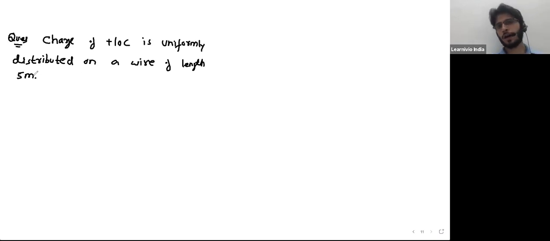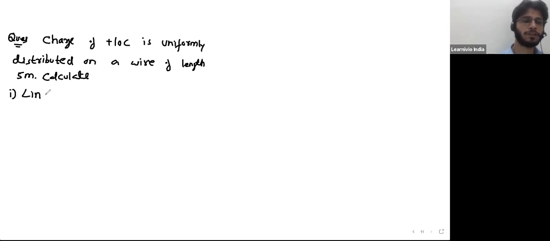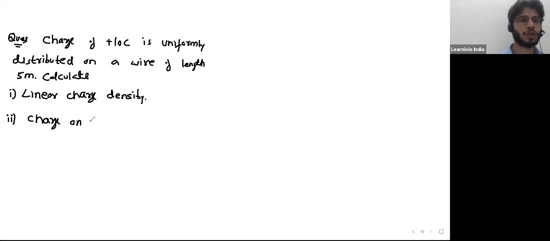So you have a wire, the length of the wire is 5 meter and the charge of 10 coulomb is uniformly distributed over it. Calculate: first part, linear charge density. Second part, charge on 2 meter length of wire.